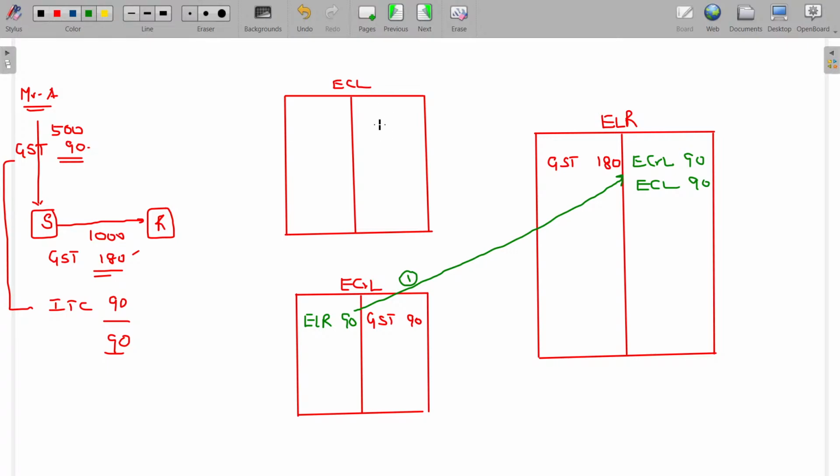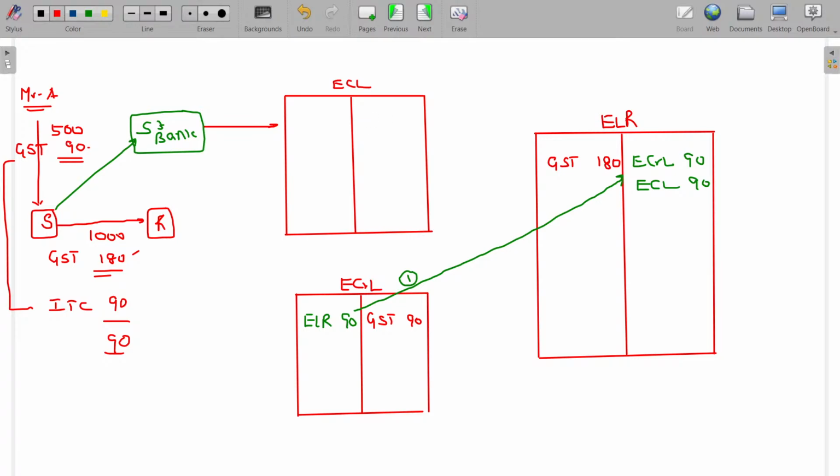How does the money come here? From the supplier's bank account, he can transfer the amount to the electronic cash ledger. That will come here in the bank account credit side. It's a receipt, no? But it's from the GST, government's angle.